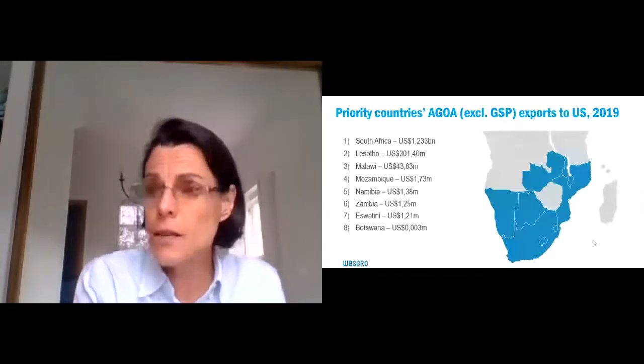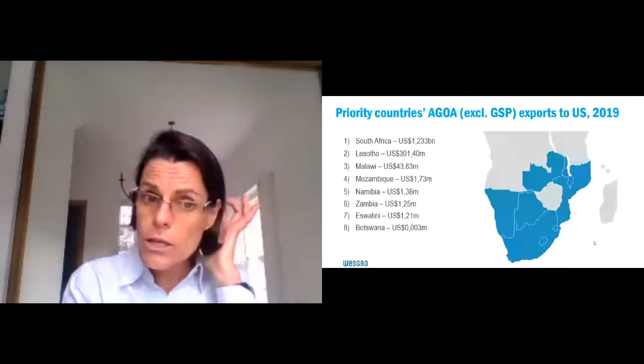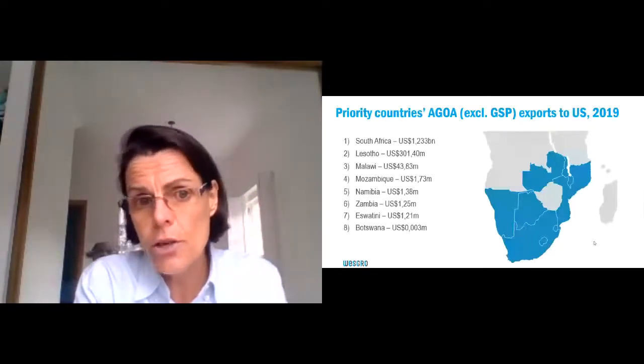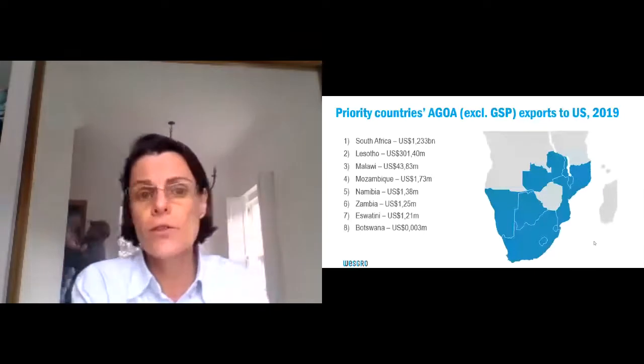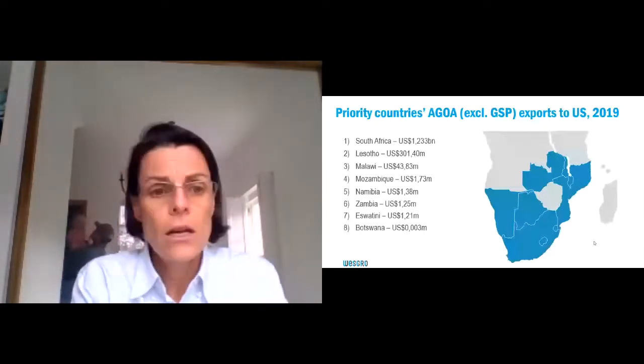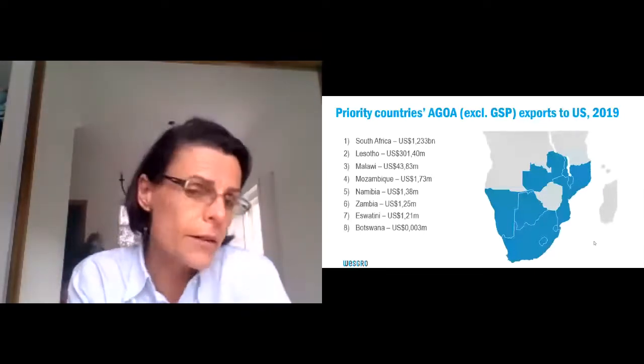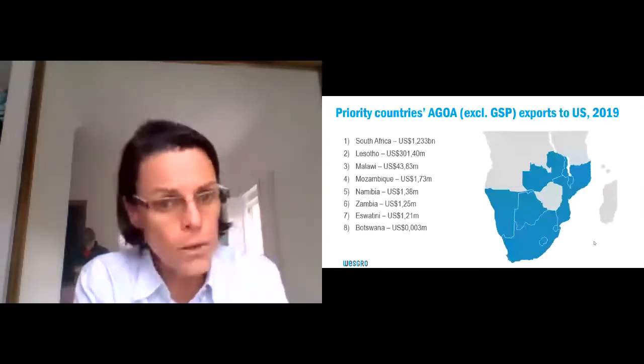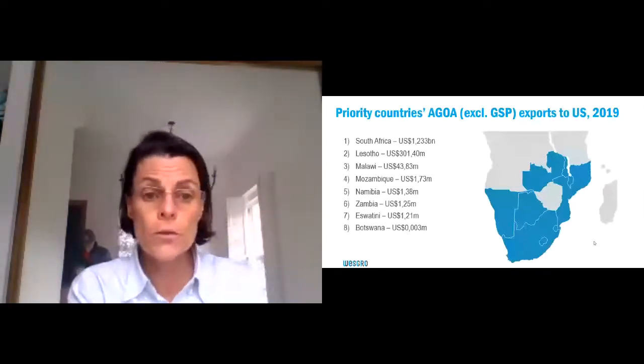As I mentioned earlier, South Africa dominated, exporting $1.23 billion worth of exports under Agoa to the US, followed by Lesotho at $301 million, Malawi at 43, Mozambique at just over $1.7 million, then Namibia far less, 1.38, Zambia, and so forth and so forth.